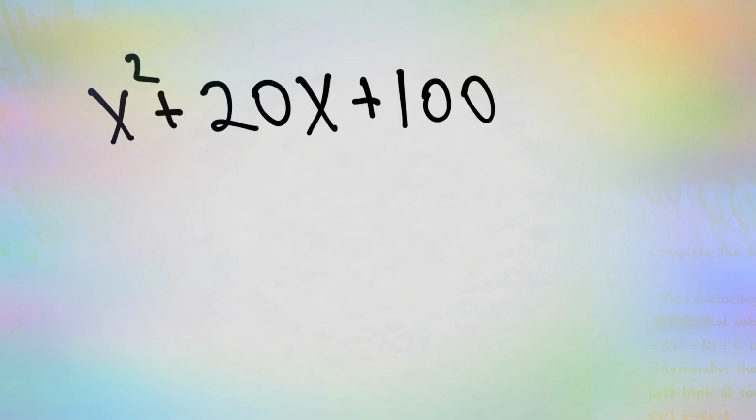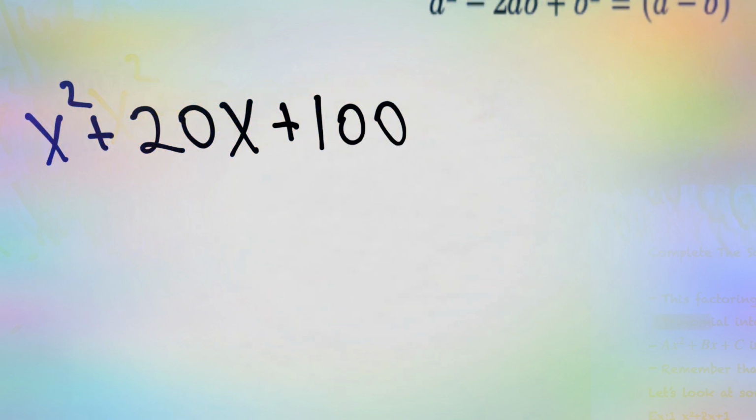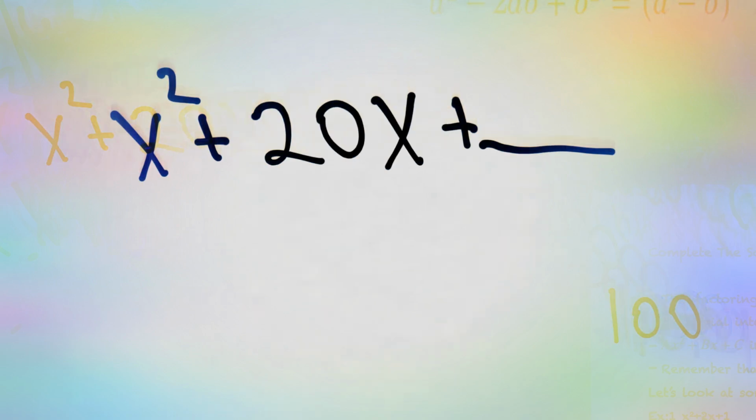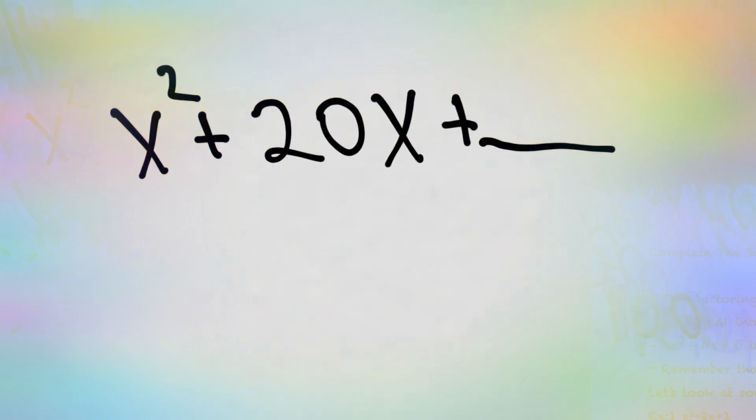So again, let's take out this 100 for a second and replace it with a blank. I could ask what two numbers have a sum of 20 and a product that makes this a perfect square.